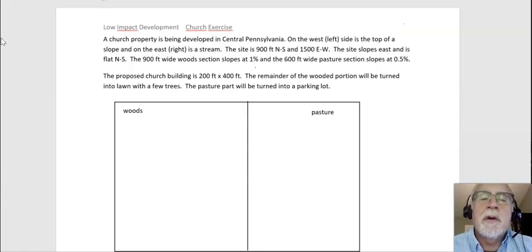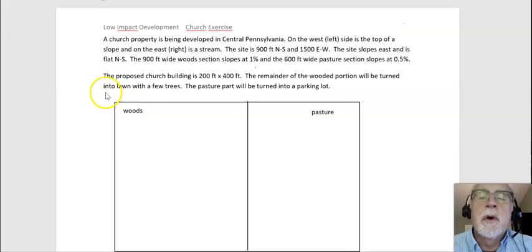So what we have here is a development, and I just did it for a church, and we're doing it in central Pennsylvania. Again, you need to know where it is to choose the IDF curves and the rainfall values.